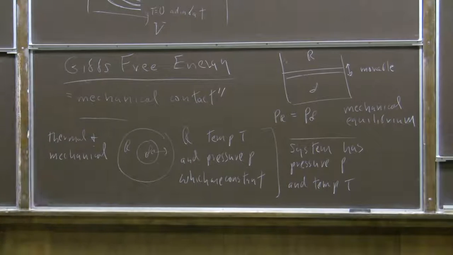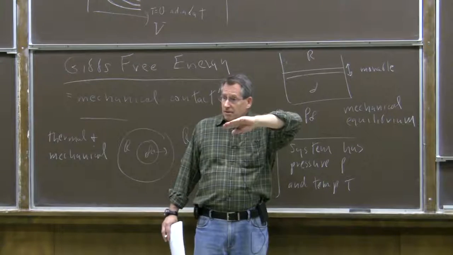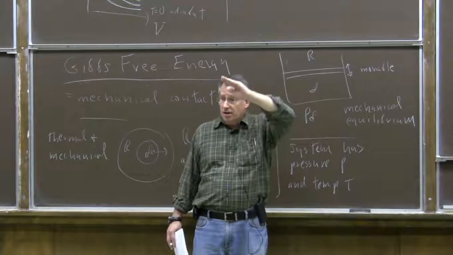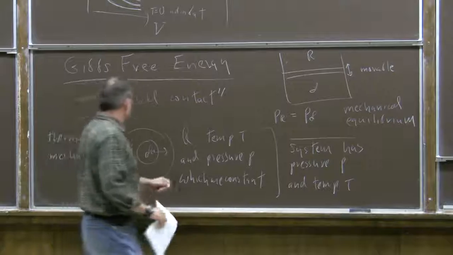Okay? So this is the type of situation that's often of interest in chemistry. We have some system, maybe where a chemical reaction is going on, but the system is open to the atmosphere, so it maintains both pressure and temperature equilibrium with its surroundings as the chemical reaction proceeds.